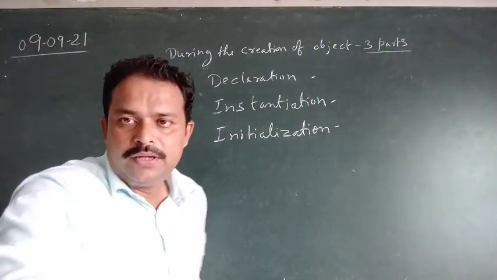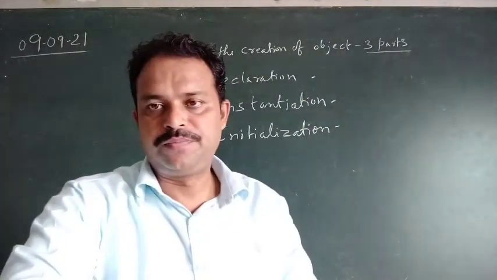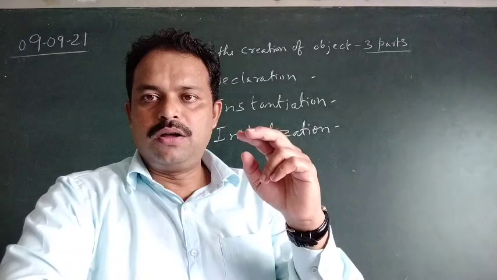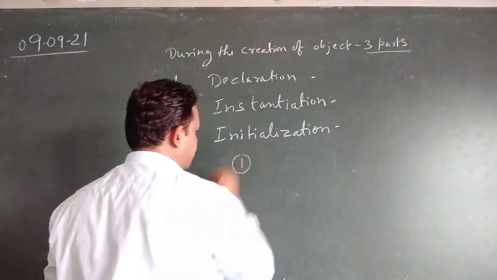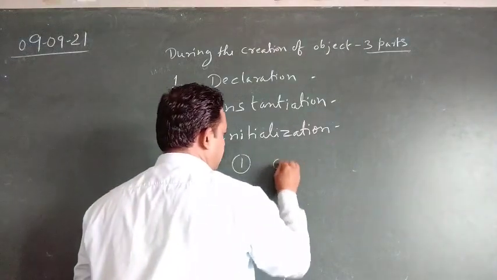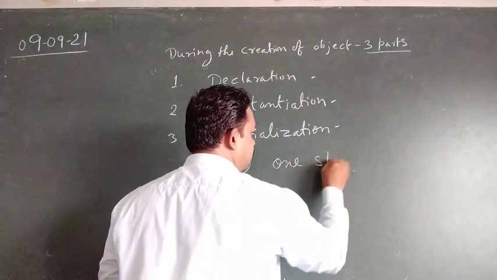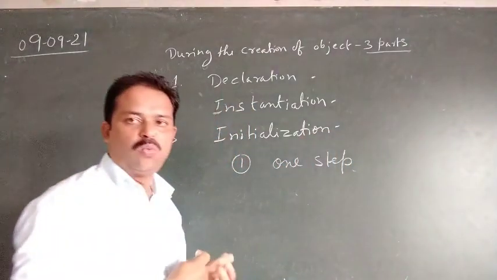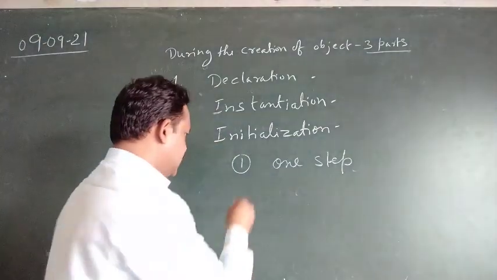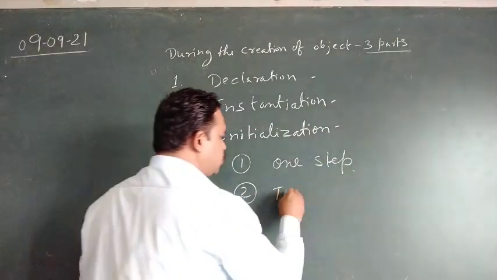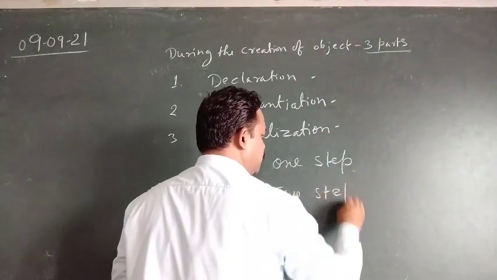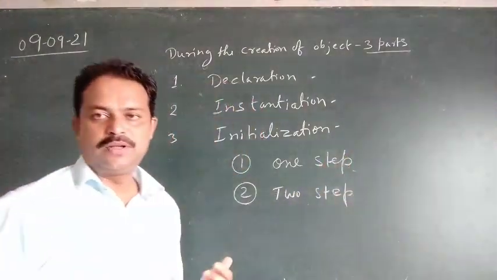There are two ways to make the object. Number 1, in one step I can make the object. That is the first method. Second, using two steps.